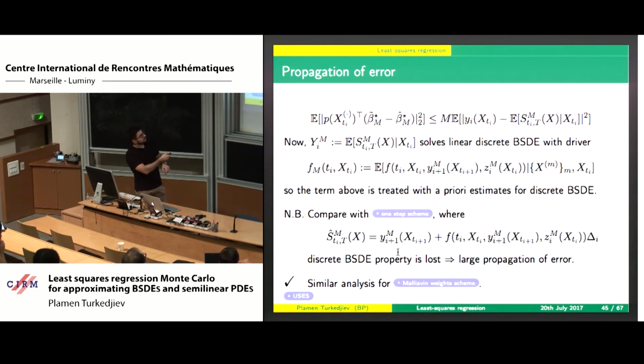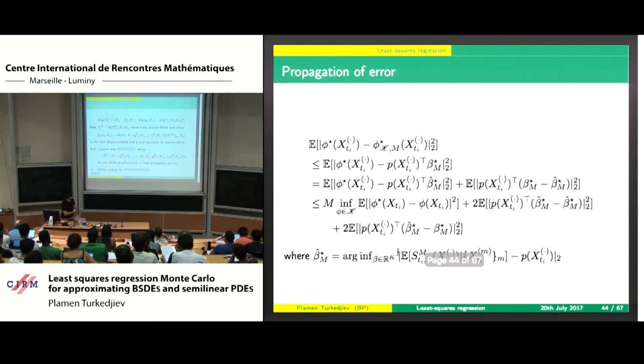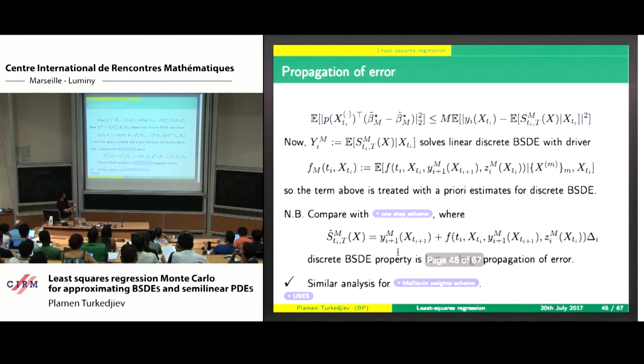When we get to this step of the approximation, now we're using S hat M instead of S M. What we see is that rather than taking the conditional expectation of all of the future values of phi and the driver, we have this term here that's just plonked itself in.